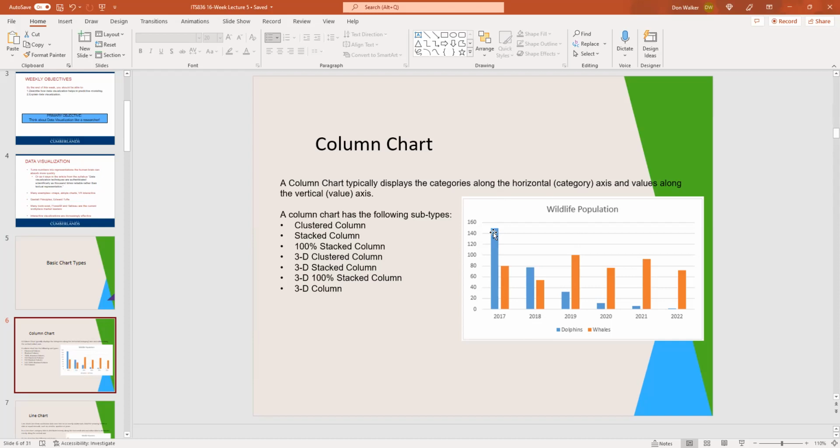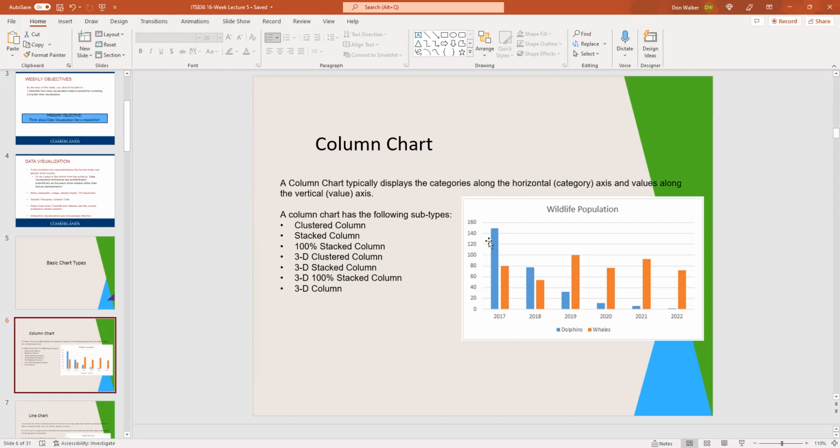So it's a way to show a data series' contribution to the whole number, kind of like a pie chart, only it's in the form of a stacked bar. And again, just like a pie chart, you can't have too many colors, too many slices, or too many stacked bars, or it starts to get difficult to read.